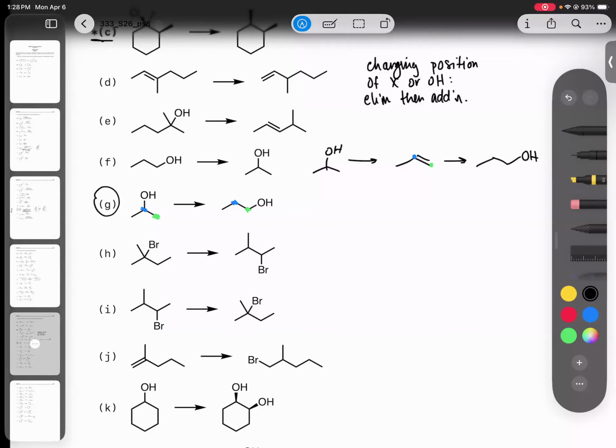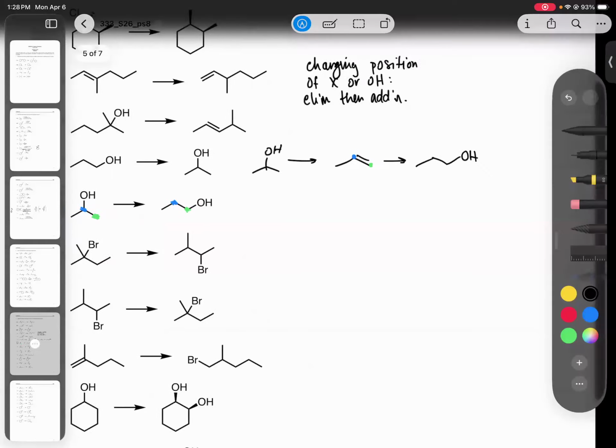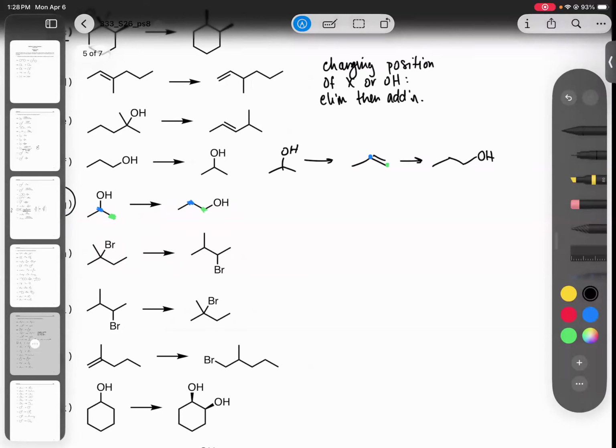Okay, let's actually do the second step first, because the second step is a bit more straightforward. So this is a hydration reaction. Is it Markovnikov or anti-Markovnikov? Yep.